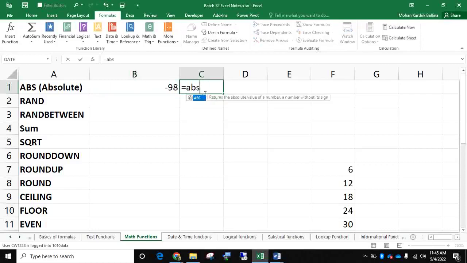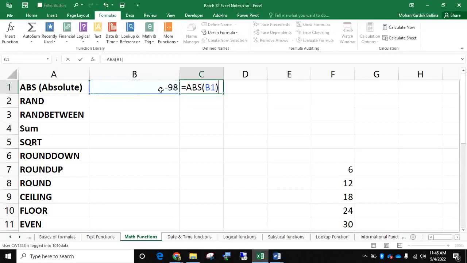It returns the absolute value of a number without sign. Also, you need to observe what you give as input. You need to give the input a number, not a text.